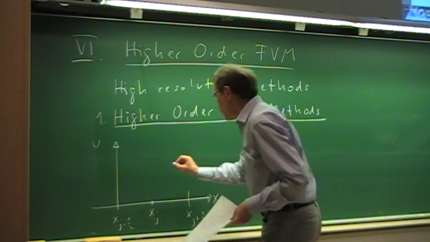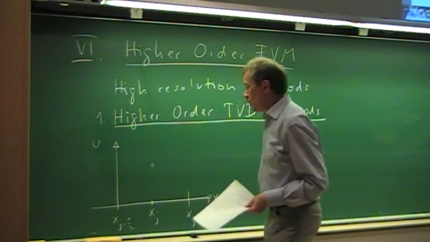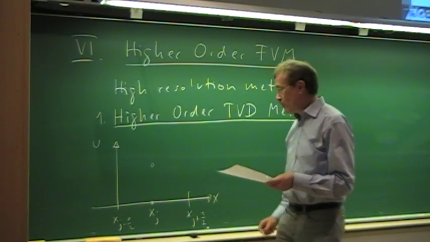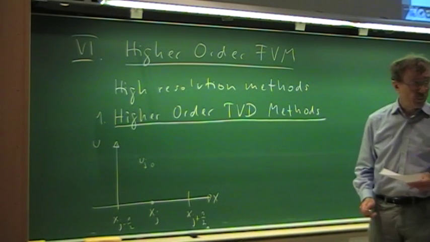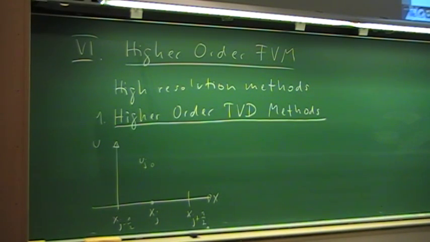We argued that for the exact solution, we can place that at some point, and the point where we place it best is the midpoint, because then the average of the exact solution and the point value at the midpoint differ only by delta x squared.